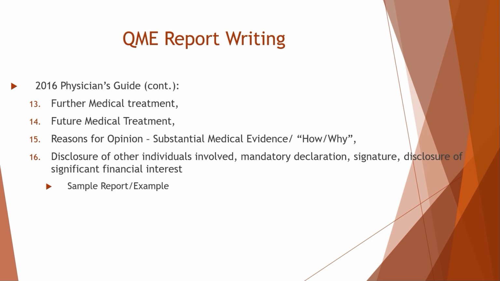So what I'm going to provide for you is an exact report format that you can use to fashion your own reports after. That'll be coming up in just a couple moments.